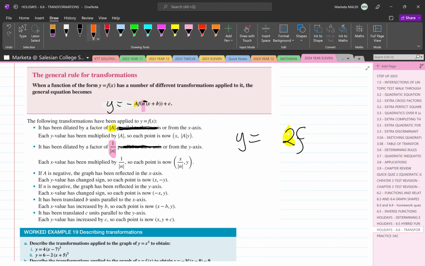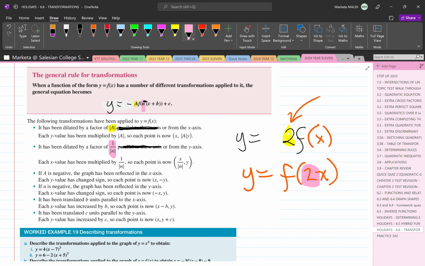So if we have y equals f of 2x, that is a dilation of factor of half from the y-axis. So the first one, I should put the x there as well, was a dilation factor of 2 from the x-axis, sorry. The second one, a dilation factor of half from the y-axis.